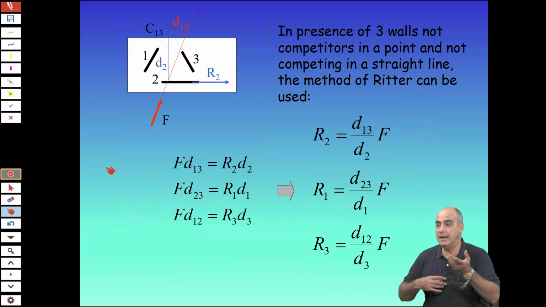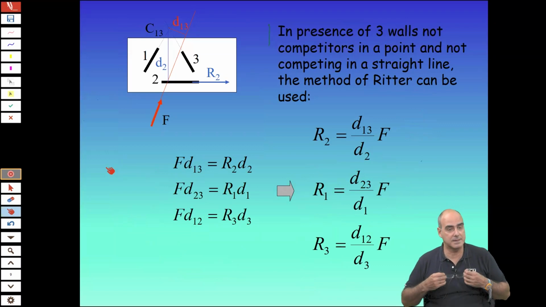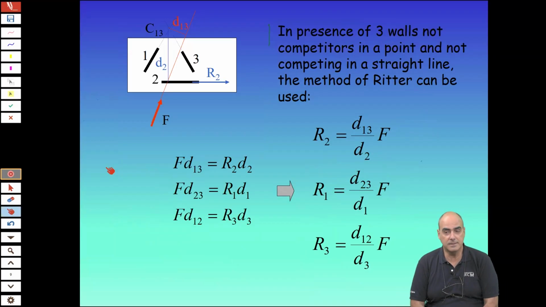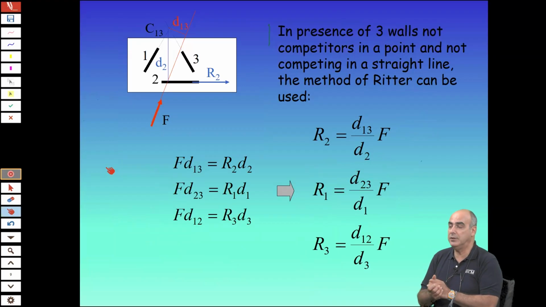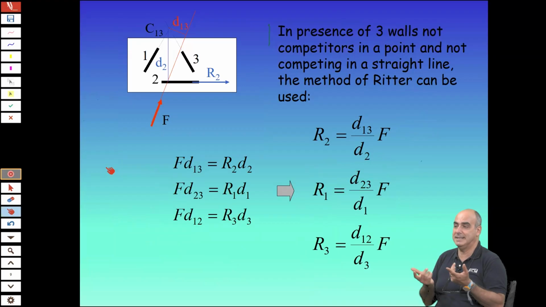For example, these are just examples, and you can work out the math. You can have shear walls arranged like this, and the force coming in any kind of way. You can use a method similar to the Ritter method that we use to calculate truss systems.